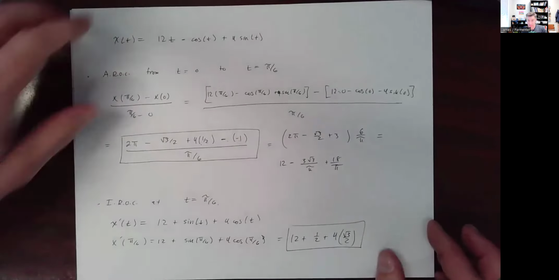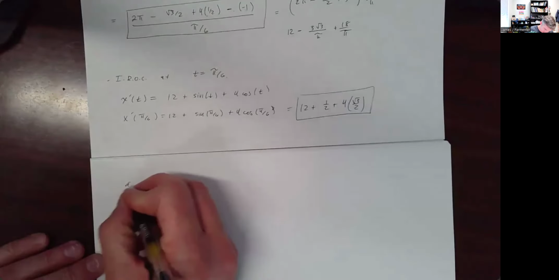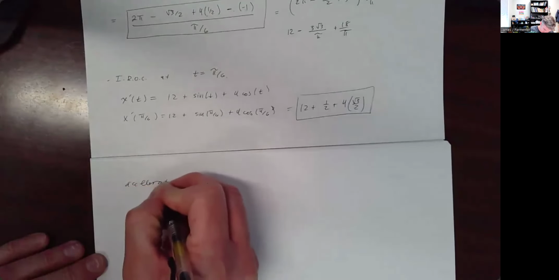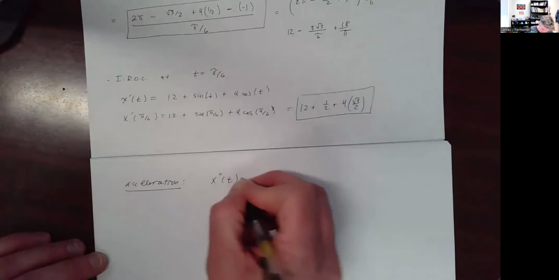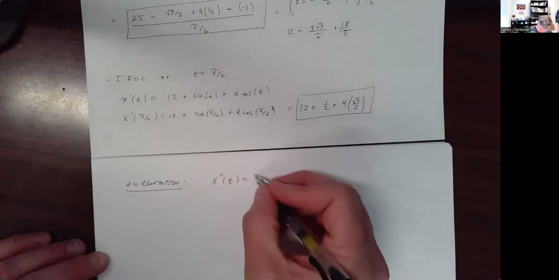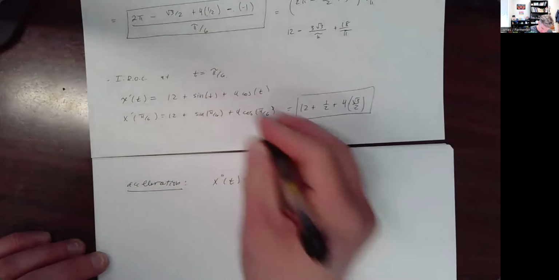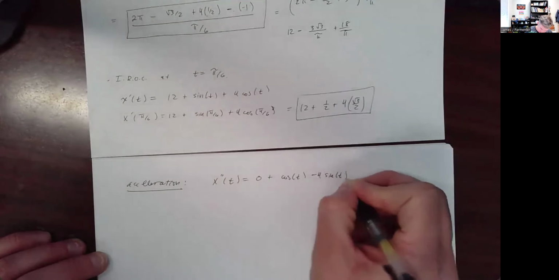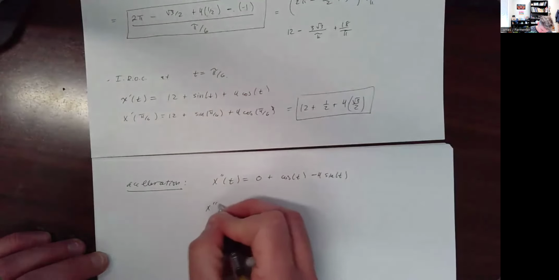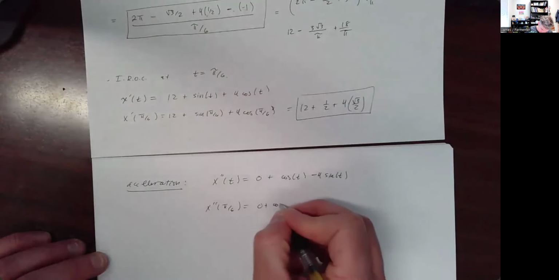Acceleration, take the second derivative. So the acceleration is going to be x double prime of t. The second derivative here is going to be 0. Derivative of sine of t is cosine of t. Derivative of 4 cosine of t is negative 4 sine of t. Then plug in pi over 6: 0 plus cosine pi over 6.